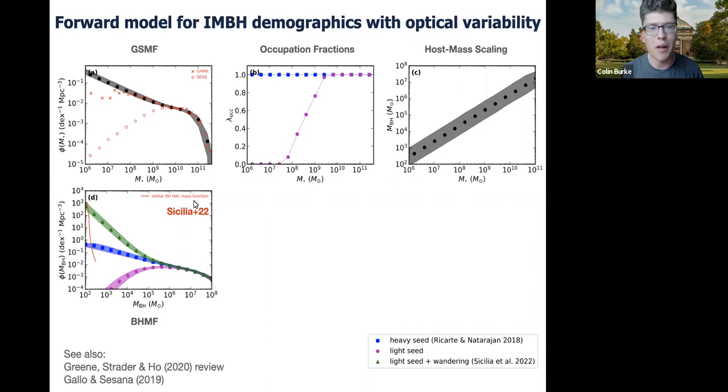So this is a model from Cecilia 22, which did a forward model using stellar evolution codes and binary and single stellar channel evolution, and they can seemingly reproduce the LIGO rates. And so there are some constraints at the lower end to try to anchor the black hole mass function at 10^2 solar masses.